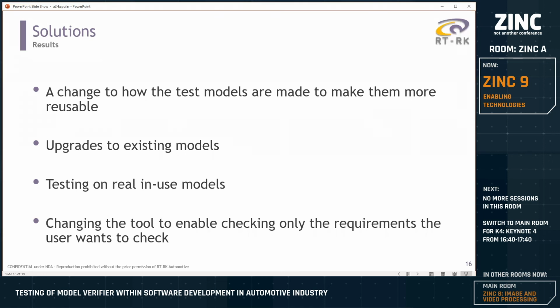Testing on real in-use models will be necessary in the future, of course, to verify the tool in the context that it is meant to be used. And one useful thing that we think will be necessary to add to the tool is to enable verification only of the requirements that the user wants to check.